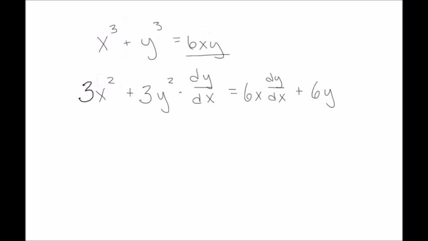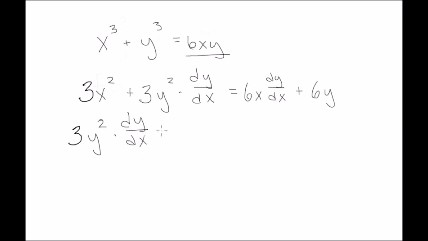I want you to notice that it shows up on both sides of the equation. So I'm going to go ahead and move all of the terms that have dy dx's to the left side and all of the terms without the dy dx's over to the right side. So I subtract 3x squared from the left side. I'm left with 3y squared dy dx.